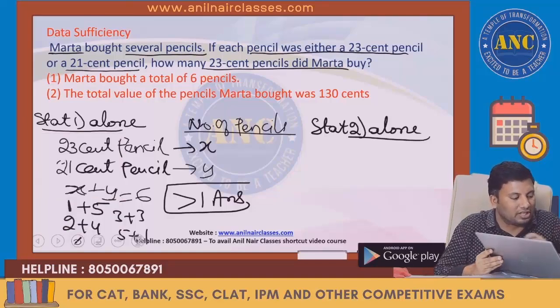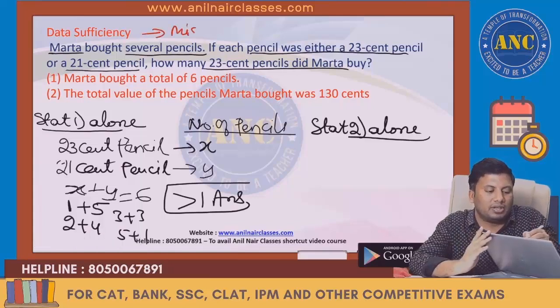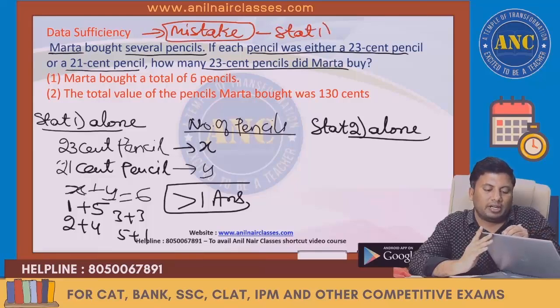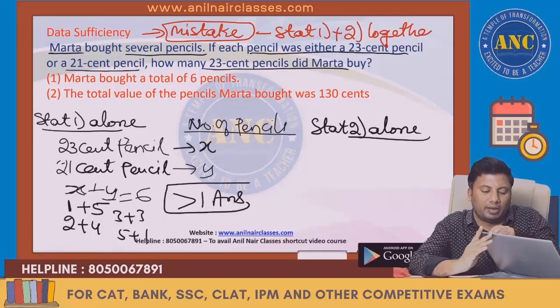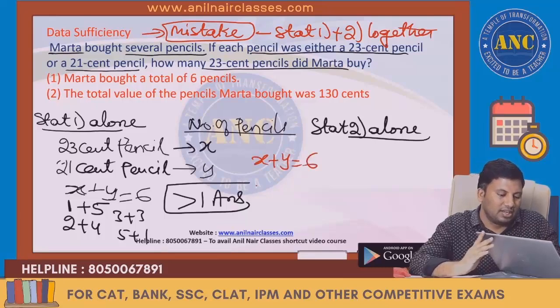99% of the students will make a mistake on this question. They will tick statement 1 plus 2 together, because 2 variables, 2 equations: x plus y equal to 6, 23x plus 21y equal to 130.